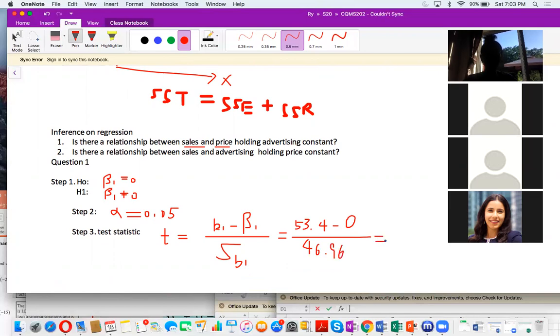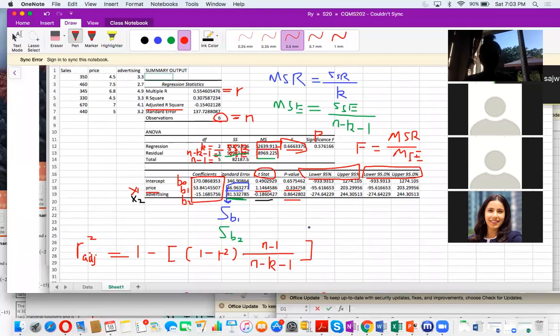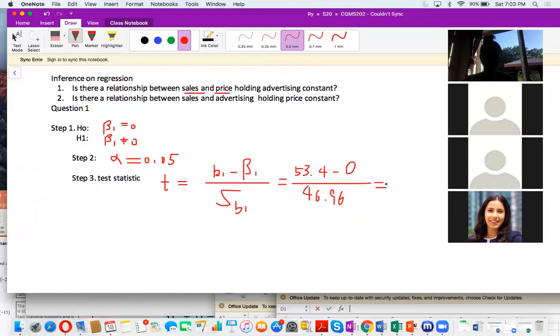And this is your test statistic. The result must be this number here, 1.146. You can verify. So this is the test statistic, step 3.